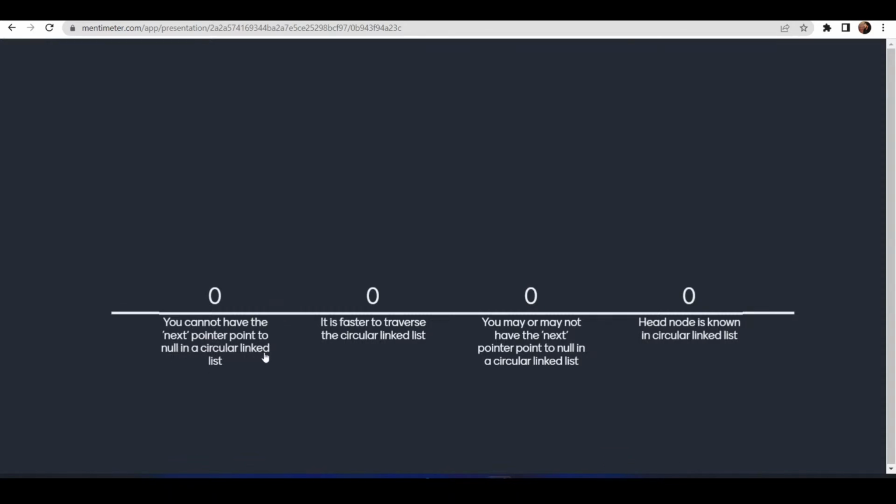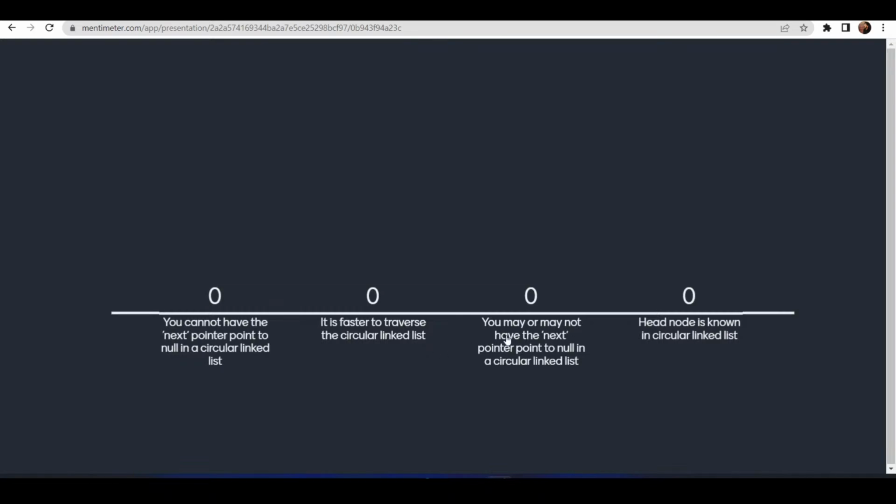Okay, in a circular linked list also you can have the null pointer, because if any node next to it is null, in that case you can have the next pointer as null. So this is not the case. It is faster to traverse the circular linked list. No, there is nothing like that. You can traverse both linked lists at the same speed, depending upon what logic you are applying.